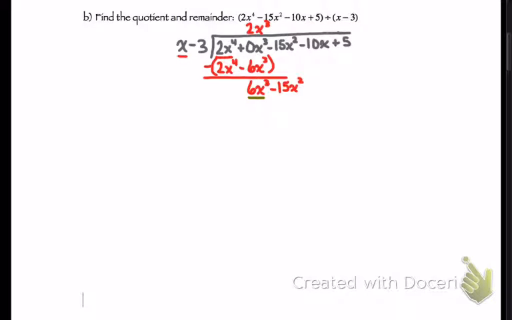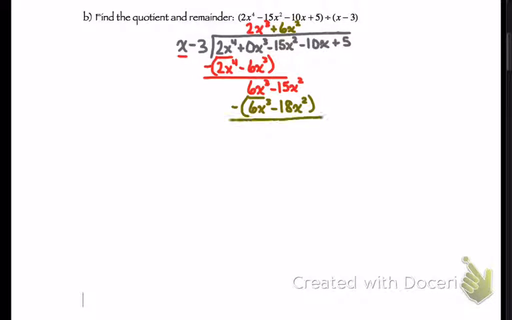Bring down that negative 15x squared. Wash, rinse, and repeat. x times what gives me, here's what I'm thinking, x times what is going to give me 6x cubed? Well, I know that's 6x squared.